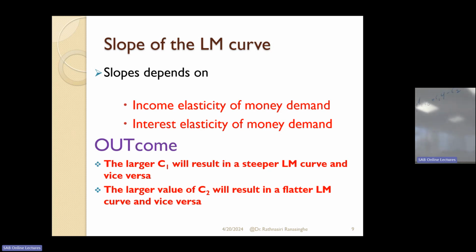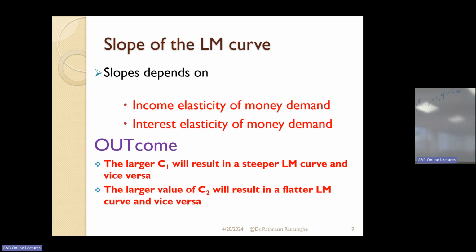C1 is the income elasticity of money demand, related to income, and C2 is related to the interest rate, so that is the interest elasticity of money demand. Those are the two factors that determine the slope of the LM, whether it's steeper or flatter.